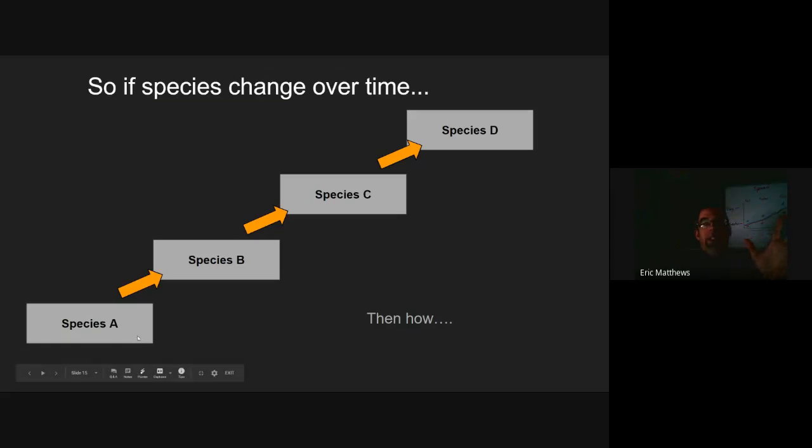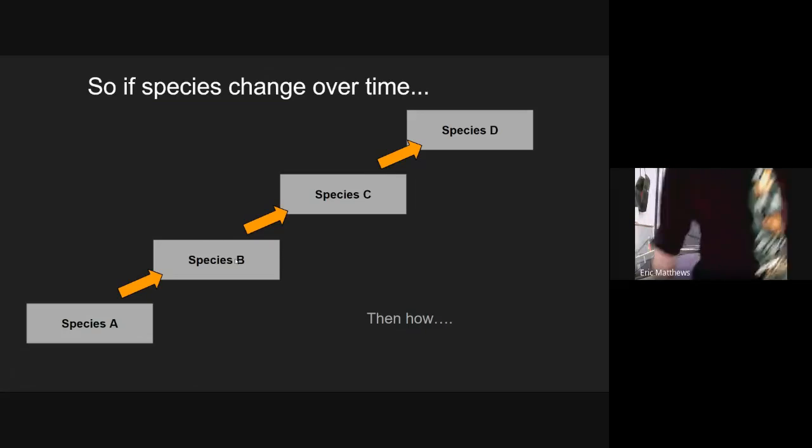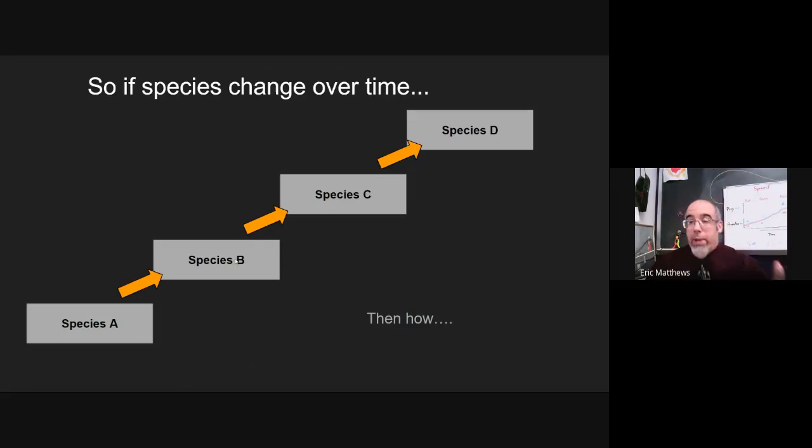So that means that when we look at something like this, we have to understand that species A is going to evolve into species B, because eventually enough of these changes will build up that it's not the same thing anymore. All right. And so A turns to B, B turns to C turns to D.